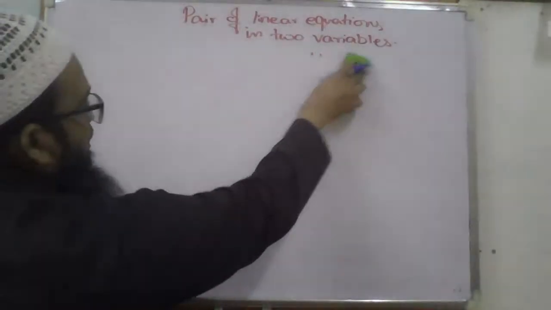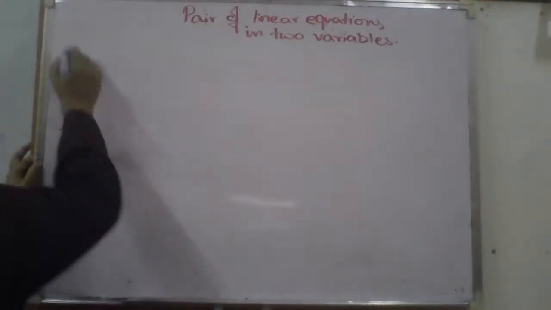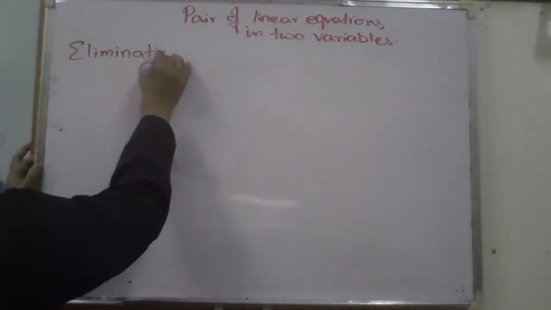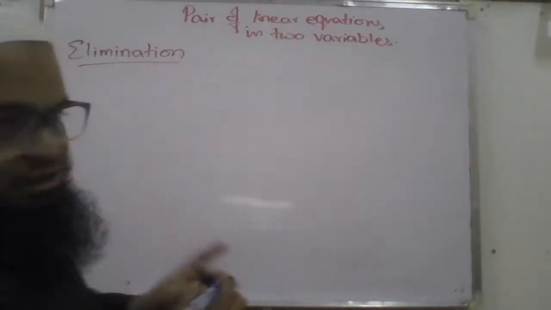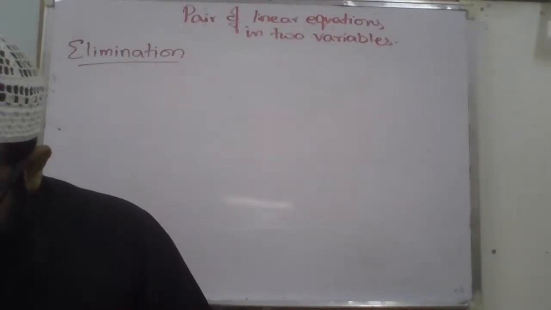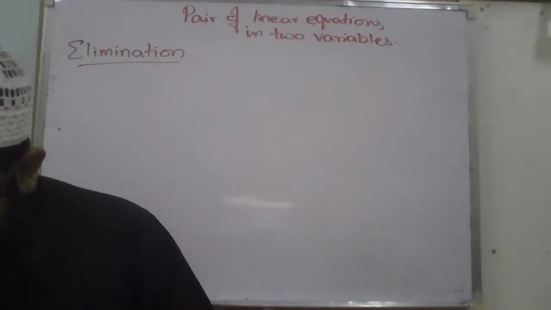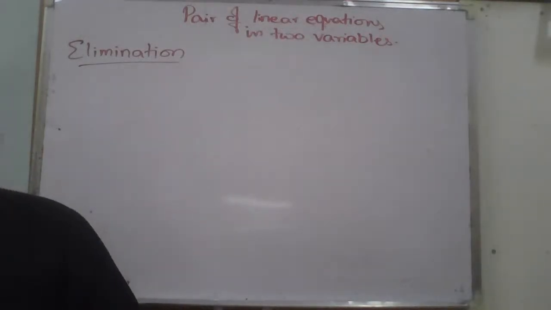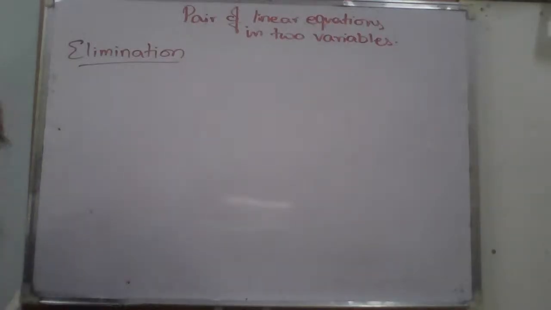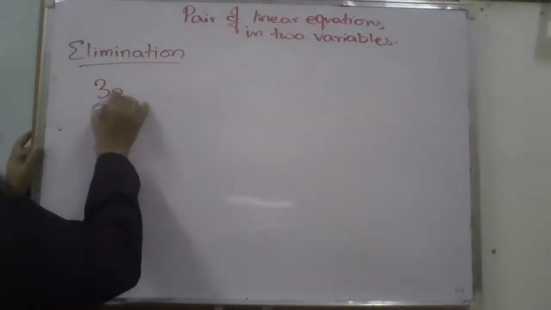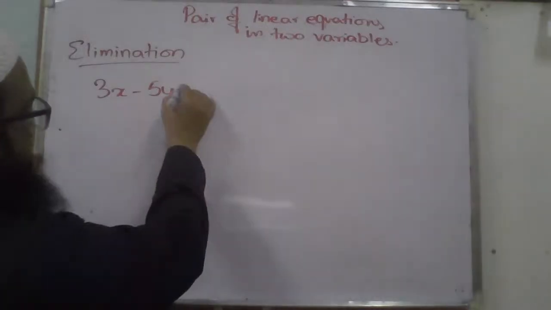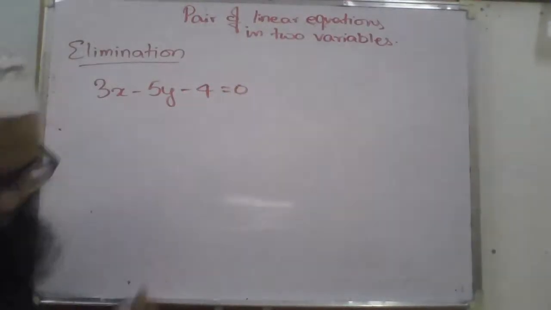Okay, so let us see the elimination method. How to find the solutions. For example, in the textbook, the first question: 3x minus 5y minus 4 is equal to 0.